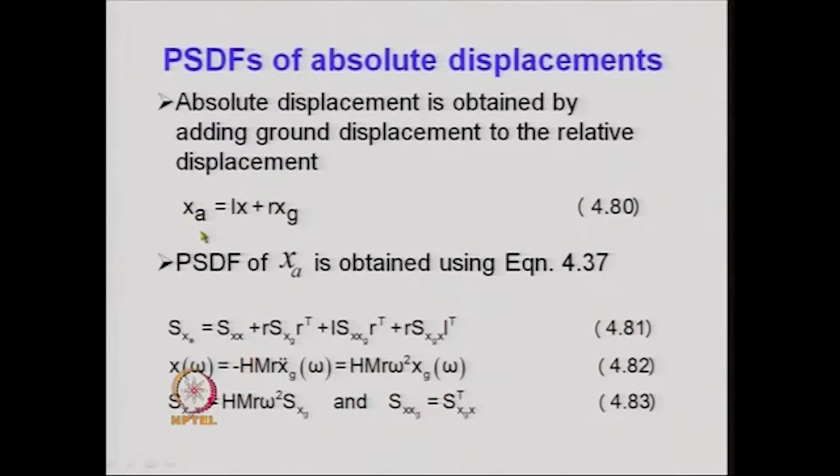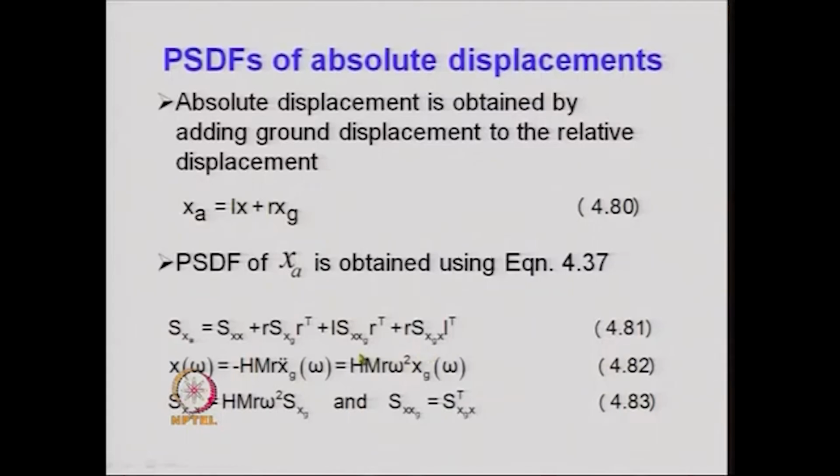And once this relationship is obtained, one can write down the power spectral density function matrix like this: Sxx for this term, because I Sxx will be Sxx itself, then R Sxg R transpose, where Sxg is the power spectral density function matrix of the ground displacement, and then I Sxxg and Sxgx.